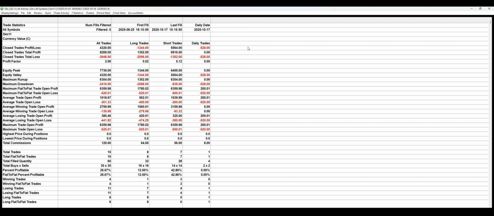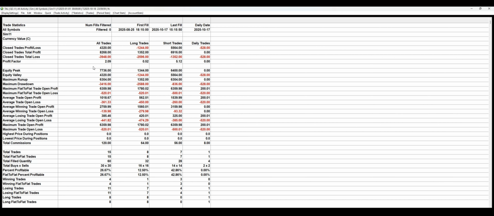So this actually validated my hypothesis, because if we look at these results, we're actually profitable. So we have a profit factor slightly above 2, significantly more than what we had when we applied this system to the S&P 500 futures. We had a profit factor, I believe, of 0.62.